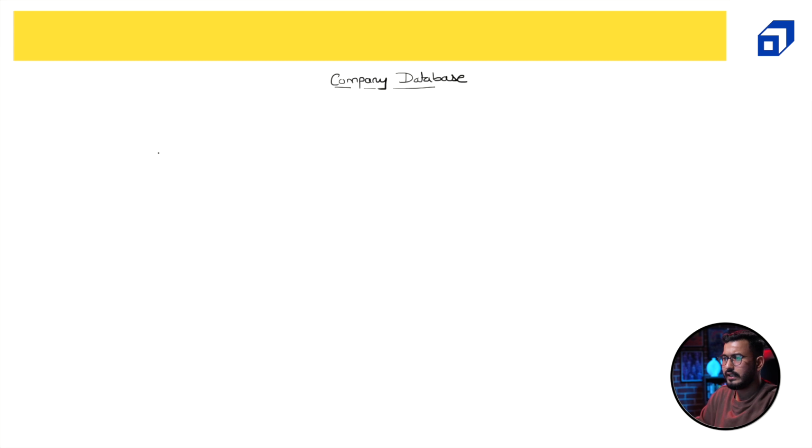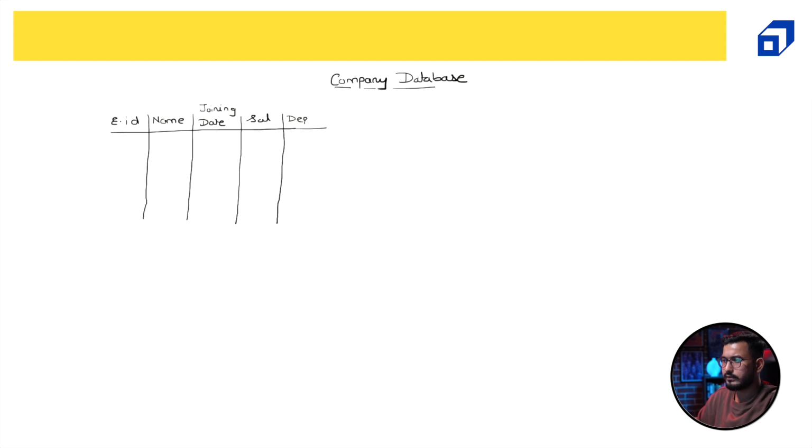So let's say we have this table. This table is having employee ID, name, joining date, salary, and the last one is the department ID.